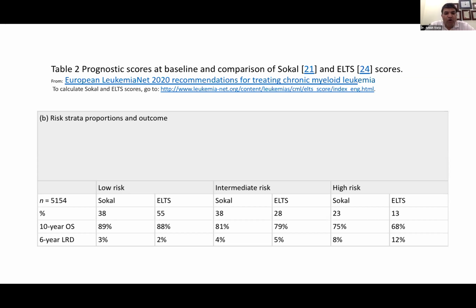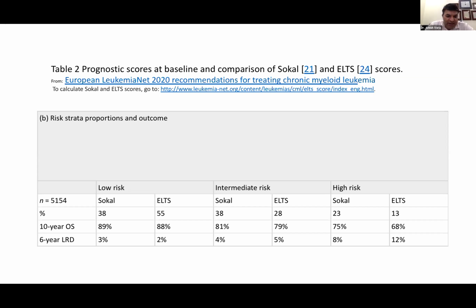At the end, sir, 10-year overall survival in a 55 to 56-year-old patient looked similar. And ELTS had, as you write, second generation. So when I explained this table, the patient asked me, sir, if we are going to live the same 10 years, what is the point of going for expensive therapy? So this was the problem.